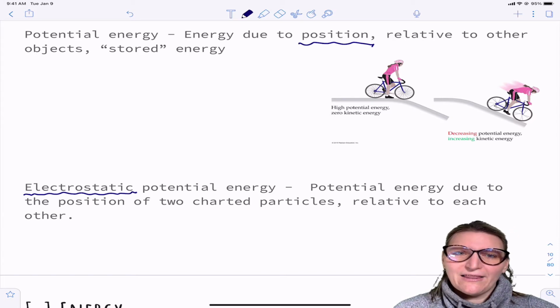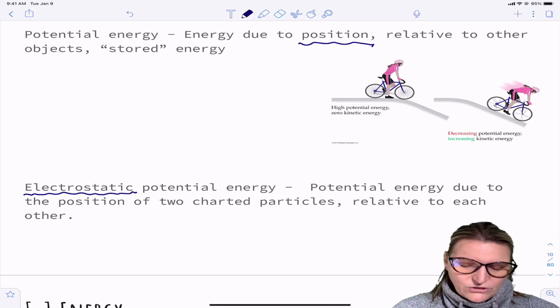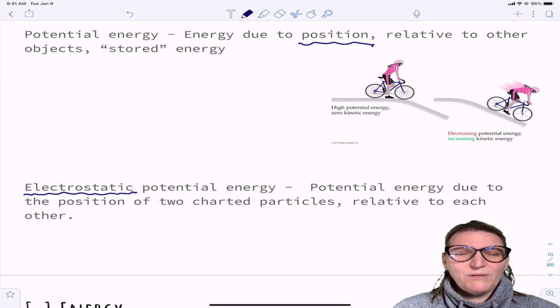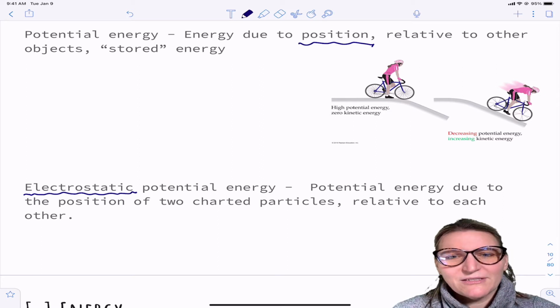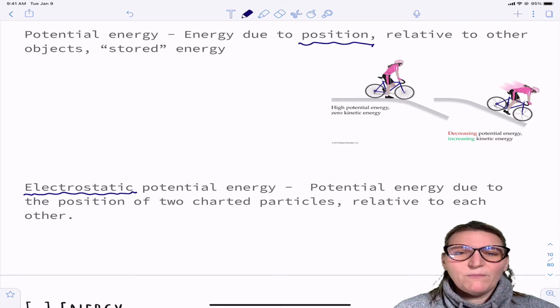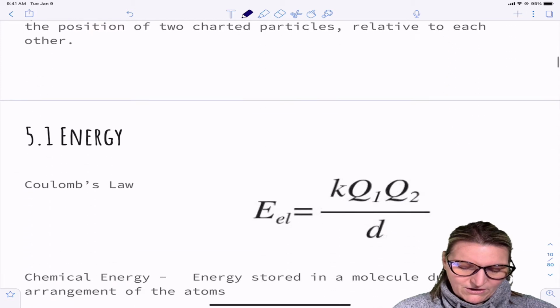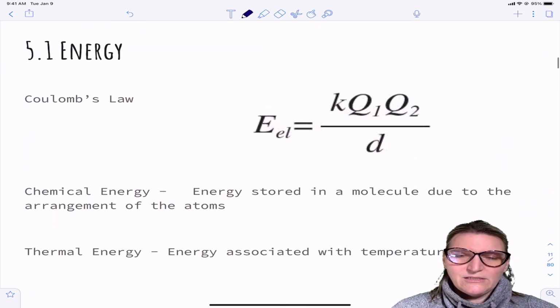Electrostatic, think of electrons. The potential energy due to the position of two charged particles relative to each other. That's basically bonds. The potential energy stored within the bonds. And that really is what we are going to describe as chemical energy.